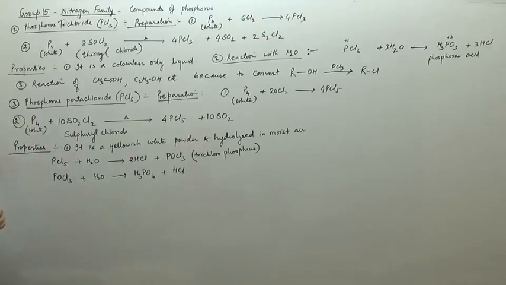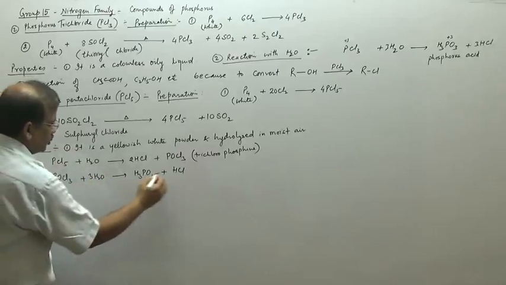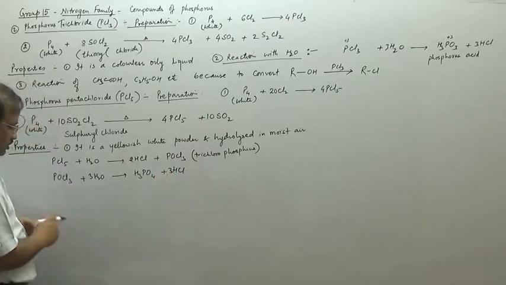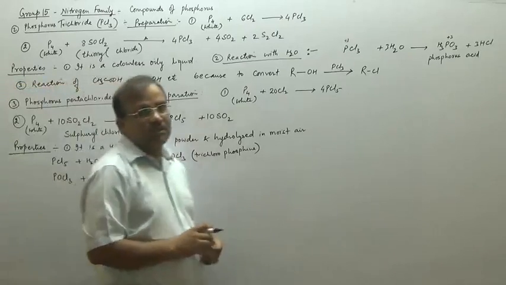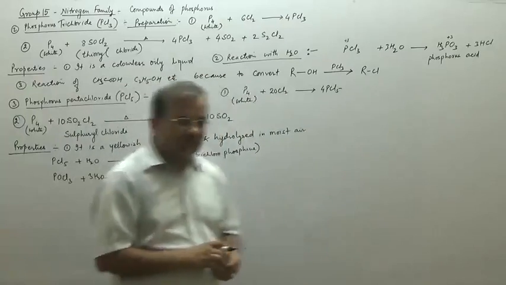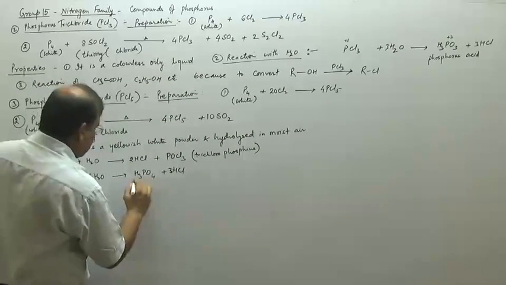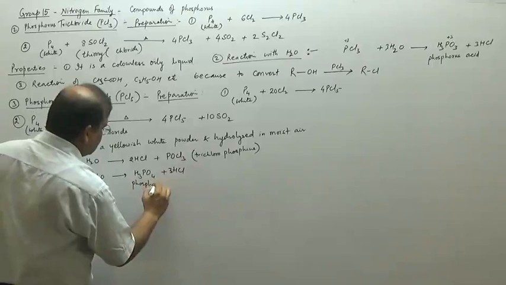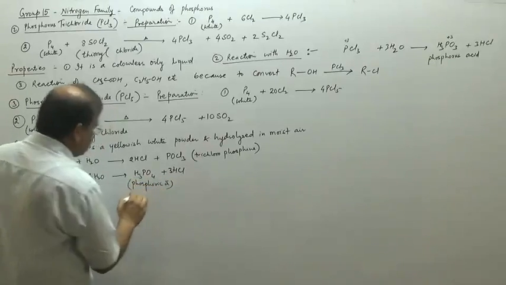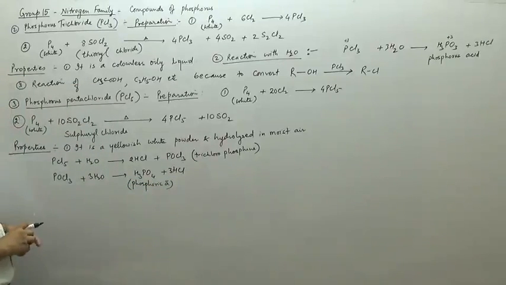So the reaction is like this: with thrice of H2O, I get thrice of HCl. So this is how we get phosphoric acid. In this case, we get the product as phosphoric acid, which is formed in the reaction.